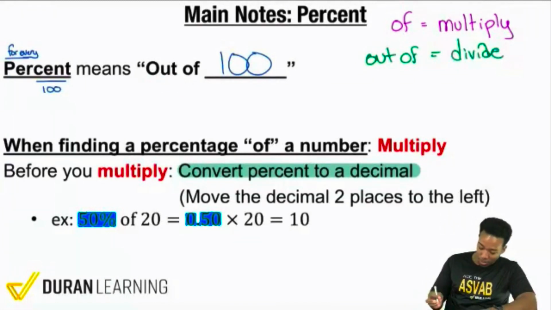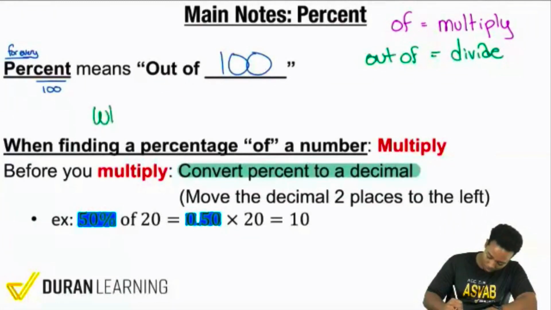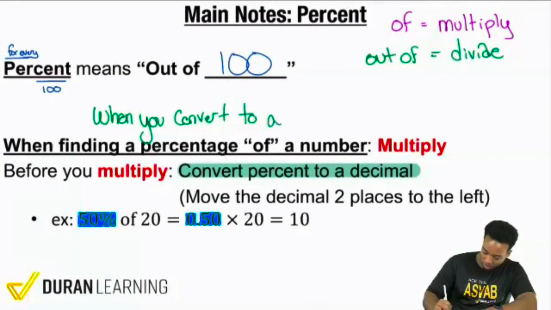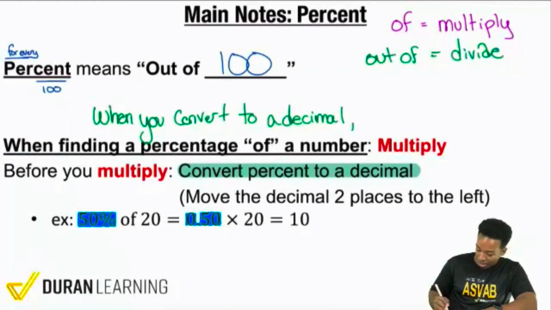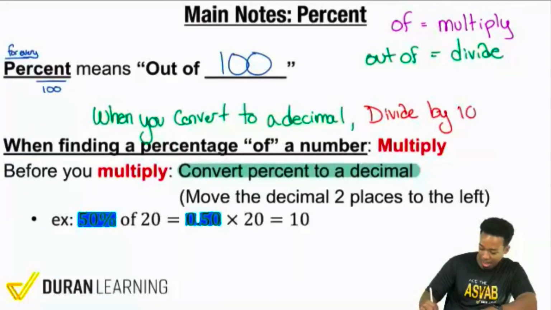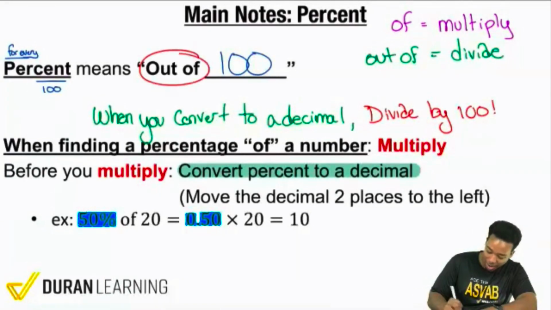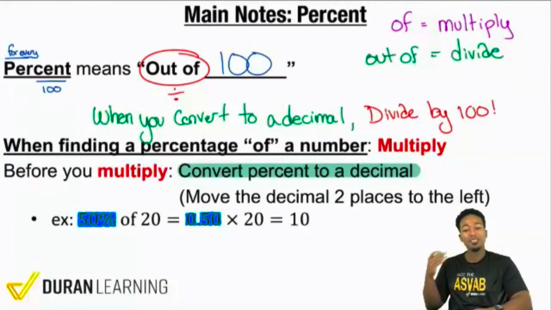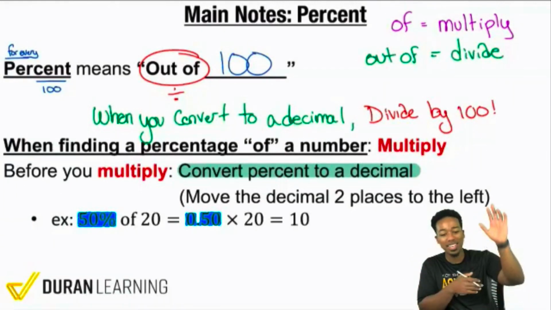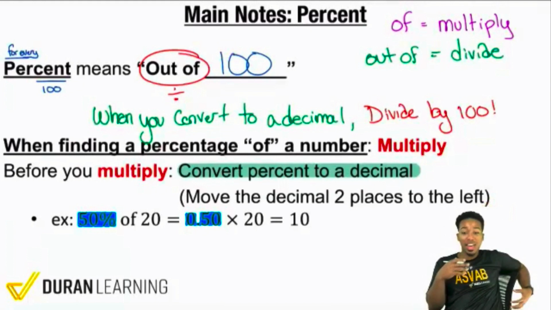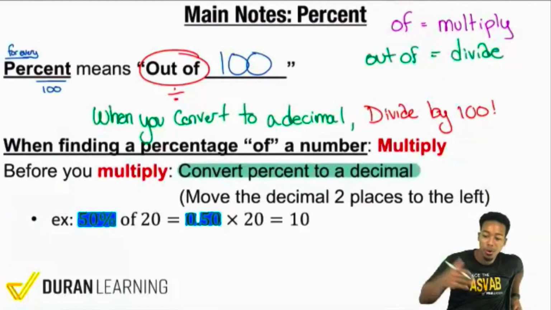That's why when you convert to a decimal, you divide by 100, because it's out of 100. Is that making a little more sense in terms of actually understanding why we do these things?